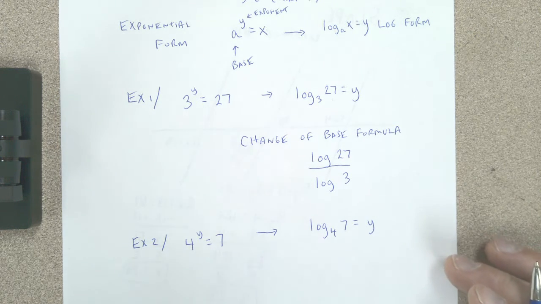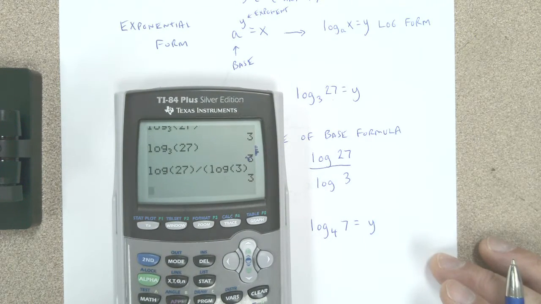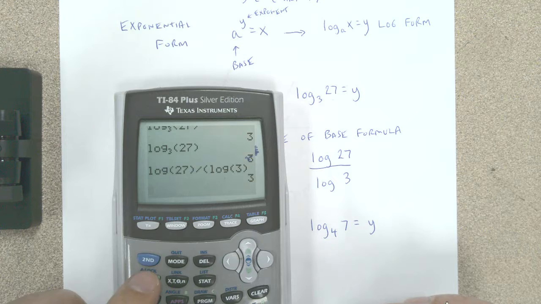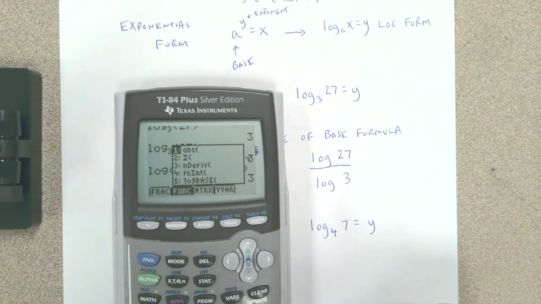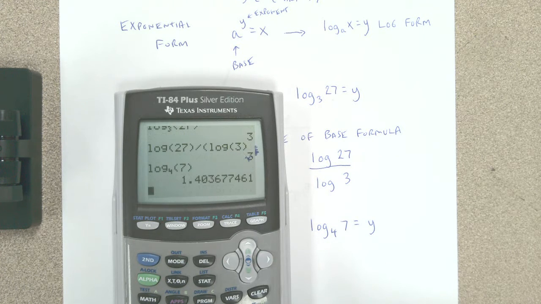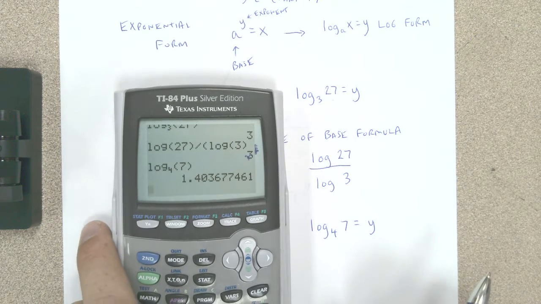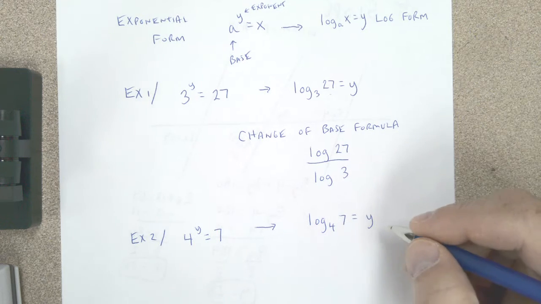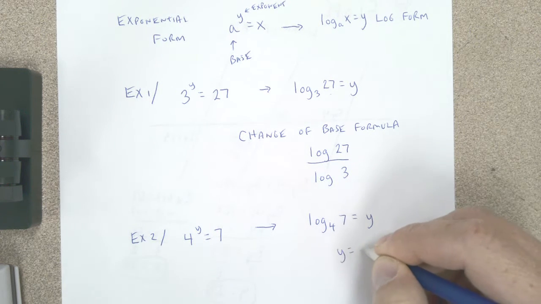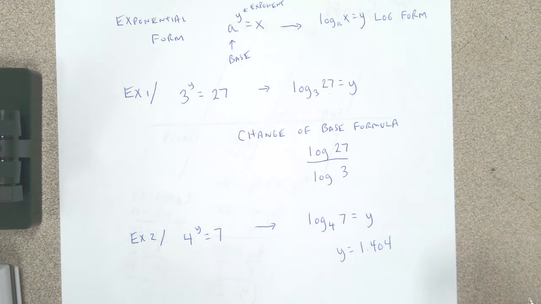So again, if I'm going to put that into my calculator, probably the best way to do that would be, I'm going to hit alpha F2, I'm going to hit the 5, it's base 4, and then we're putting in 7, and I could hit enter. So on this one, 1.404, if I'm rounding to 3 decimal places. Okay.